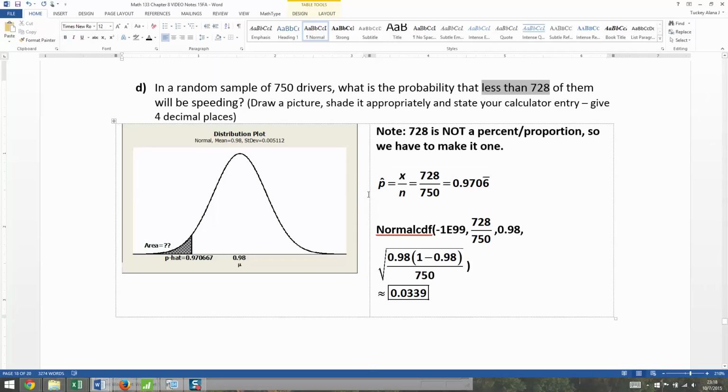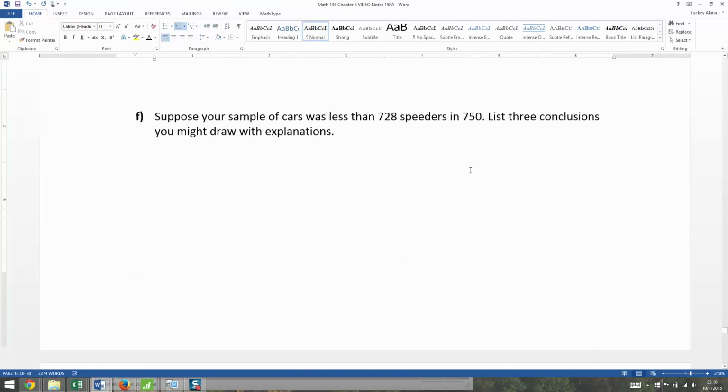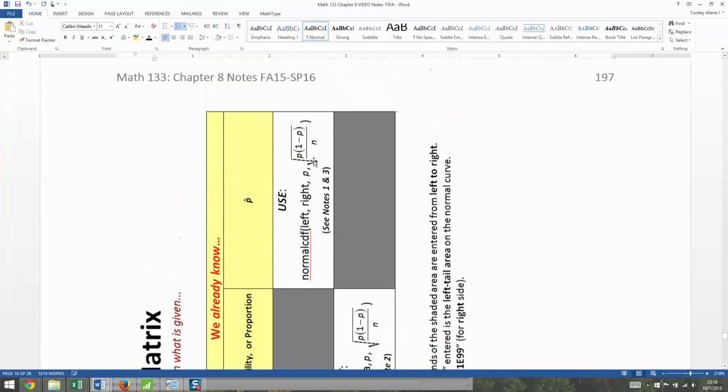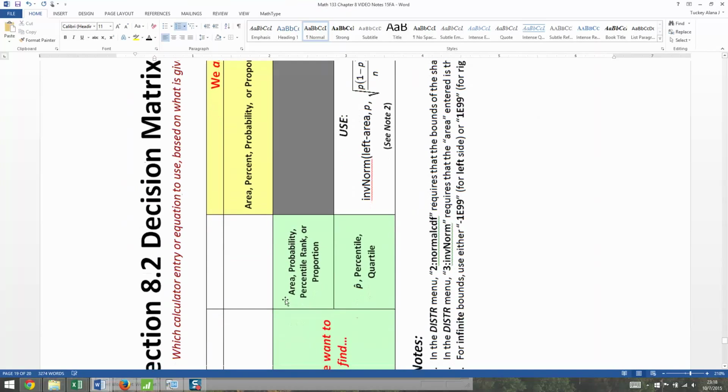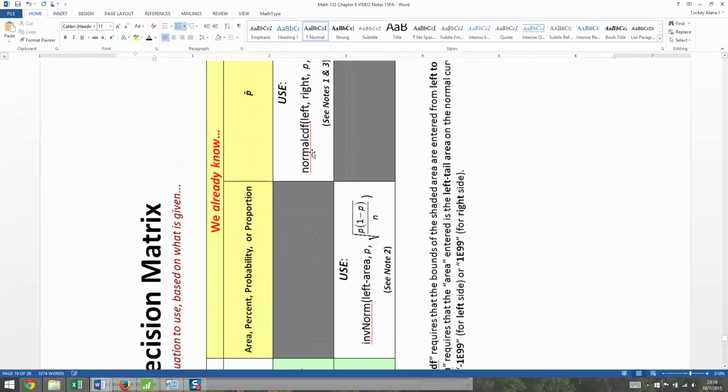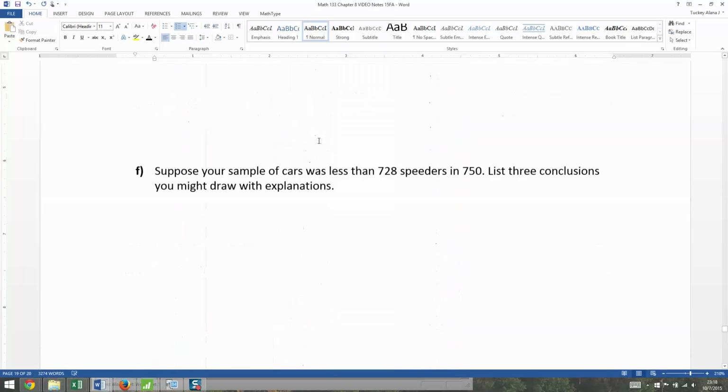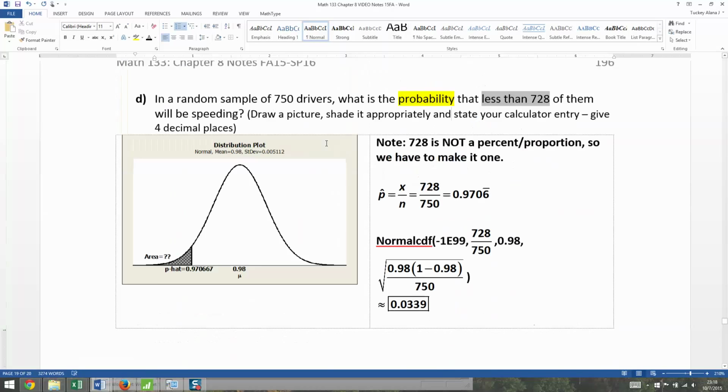Okay, so now we're going to use normal CDF, just like before. Now why? Well, because it asks for a probability. See the word? What is the probability right there? So if we look at the decision matrix, when it's asking for a probability, that means, right here, if you want a probability, green, you're going to have to use normal CDF. So that's what we'll use.